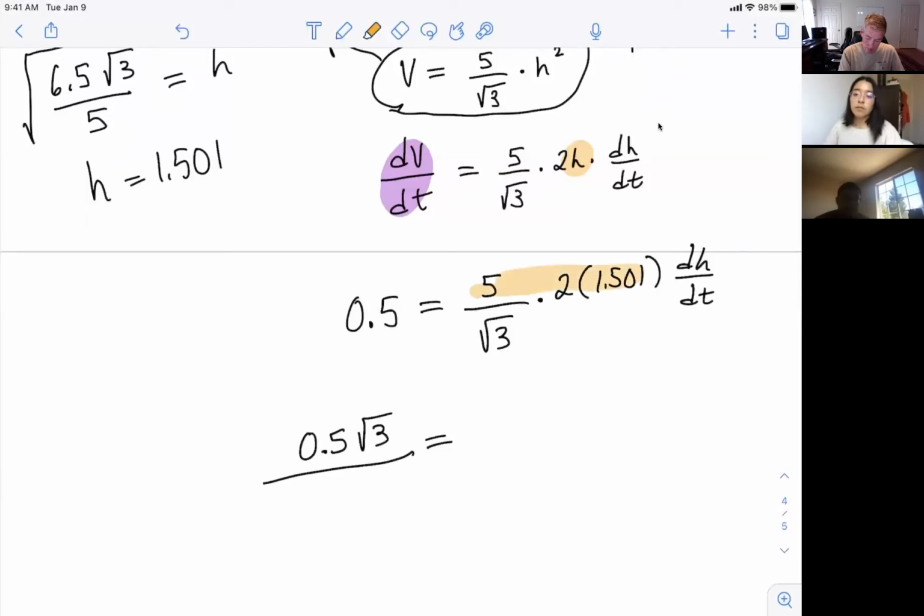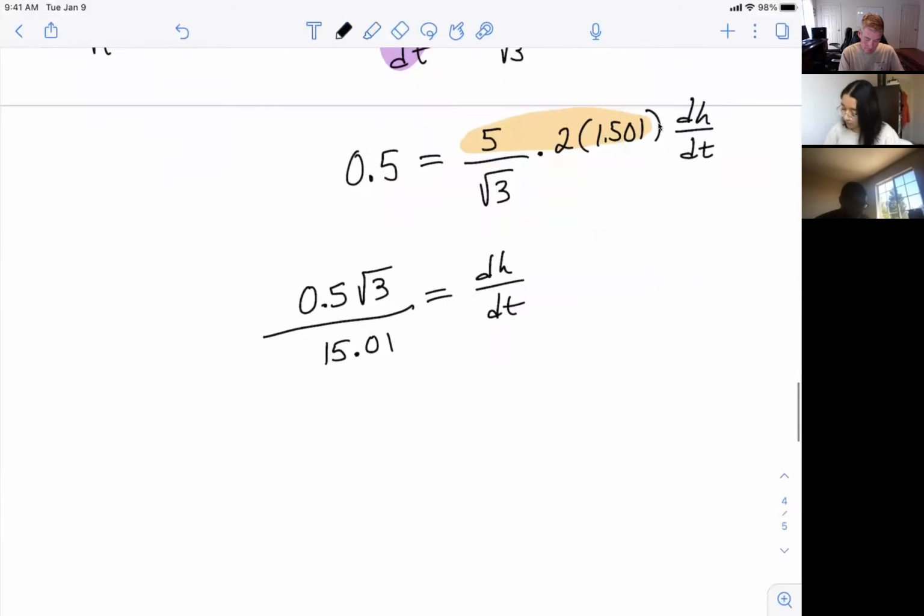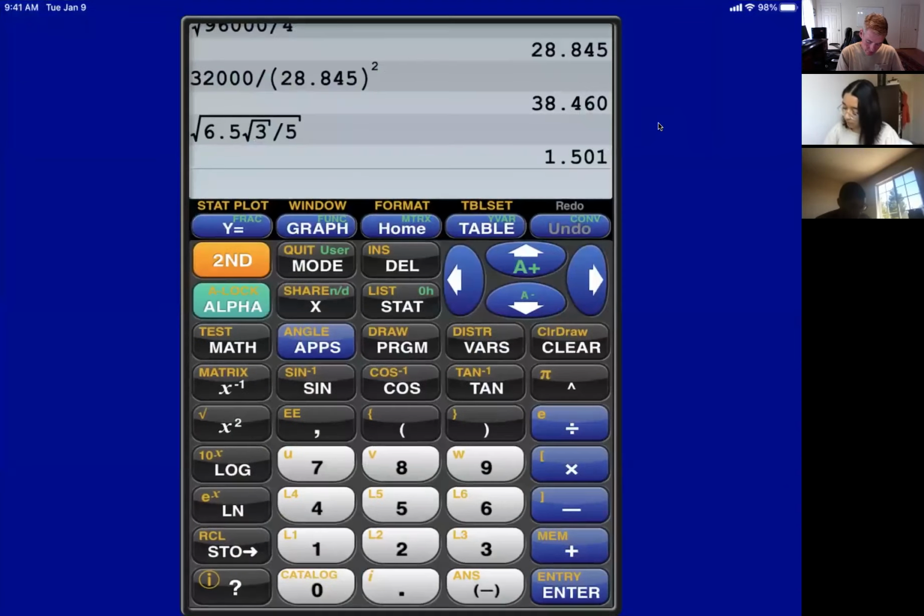And then divide both sides by this number, which is going to be 10 times 1.501. So if it's a 10 times it, it just moves the decimal by 1. So that means it's a 15.01.